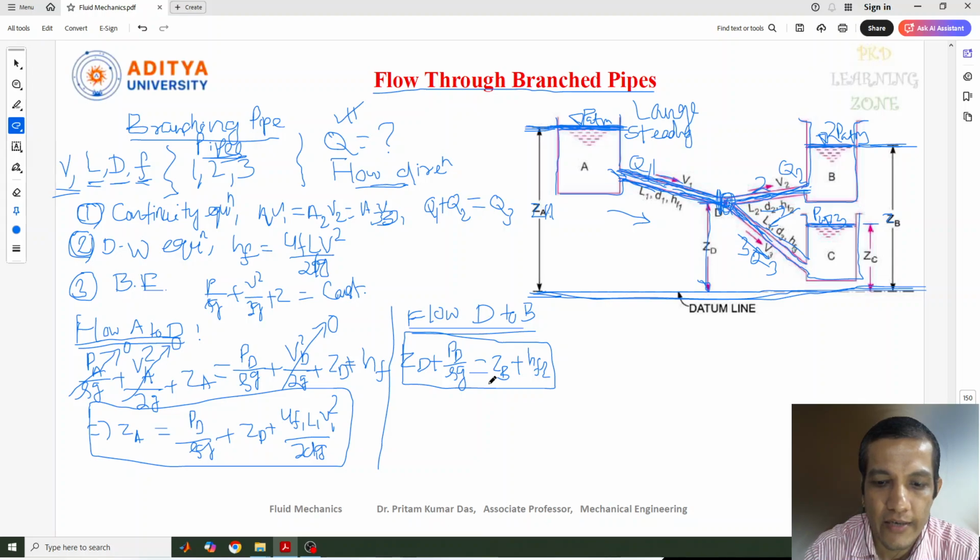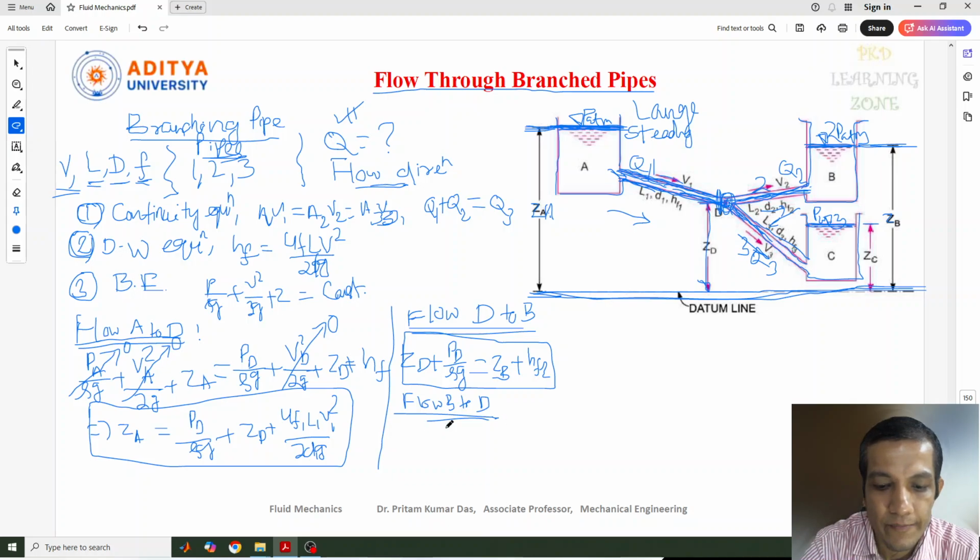But if you consider the fluid flowing from B to D point, then again that will be different. If you consider from B to D, the value will be slightly different.